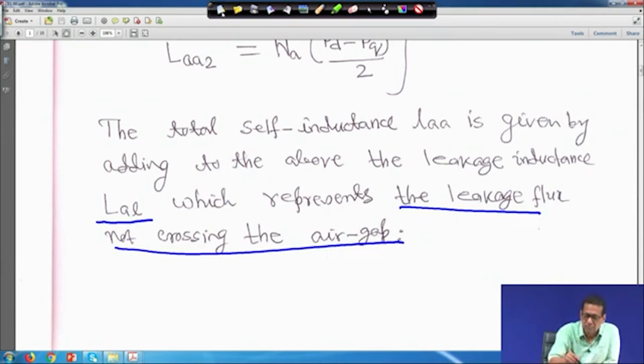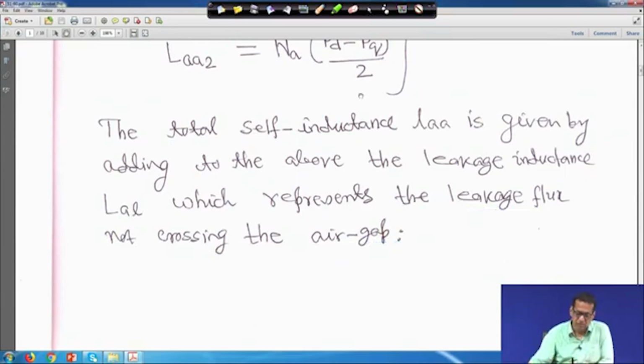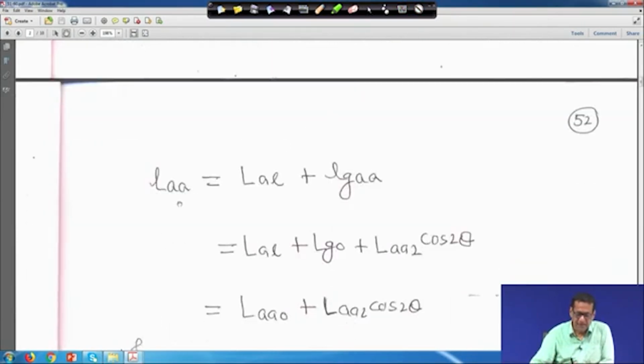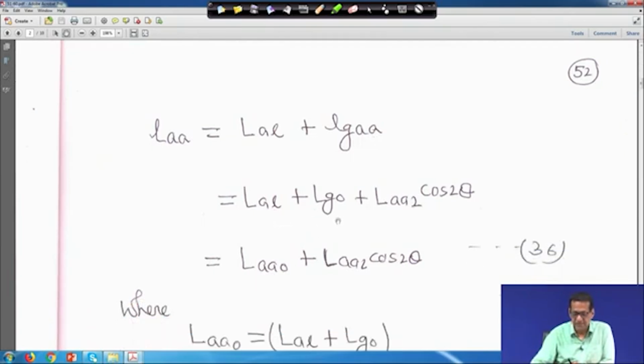If we do so, then L_AA will be L_Al plus L_gAA, and L_gAA is equal to L_g0 plus L_AA2 cos 2 theta, and this can be written as L_AA0 plus L_AA2 cos 2 theta. Actually a little bit of leakage flux will be there which is not crossing the air gap, so along with it you have to add this.